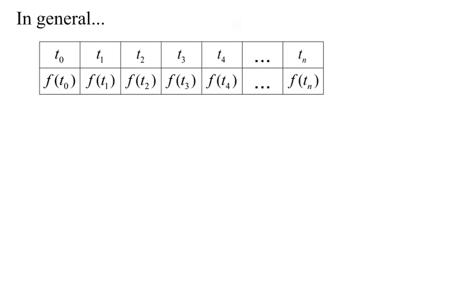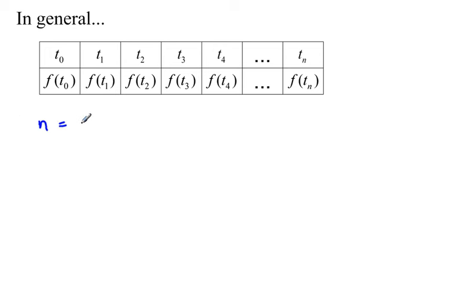All right, the last thing I want to do here is talk about all the formulas in general. So in general, I could have some function, and listed above across the top are a whole bunch of times, starting at t sub 0 and ending at t sub n. And here are all the heights of my function, starting at f of t sub 0 all the way to f of t sub n. Whenever we reference n, that is the number of rectangles.